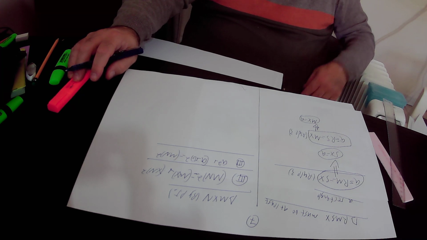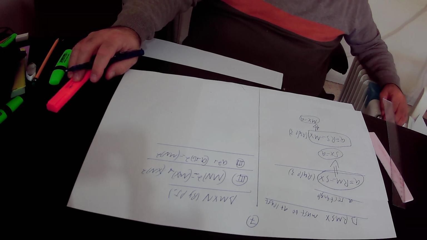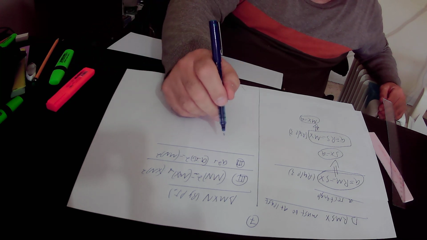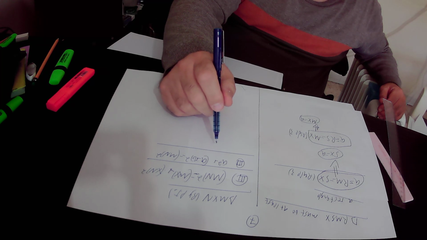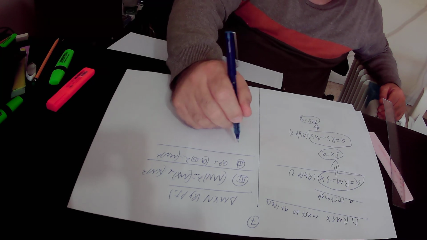We have already found out the values of a, b, and a plus b. So we'll substitute a and a plus b with the values that we have already found out.